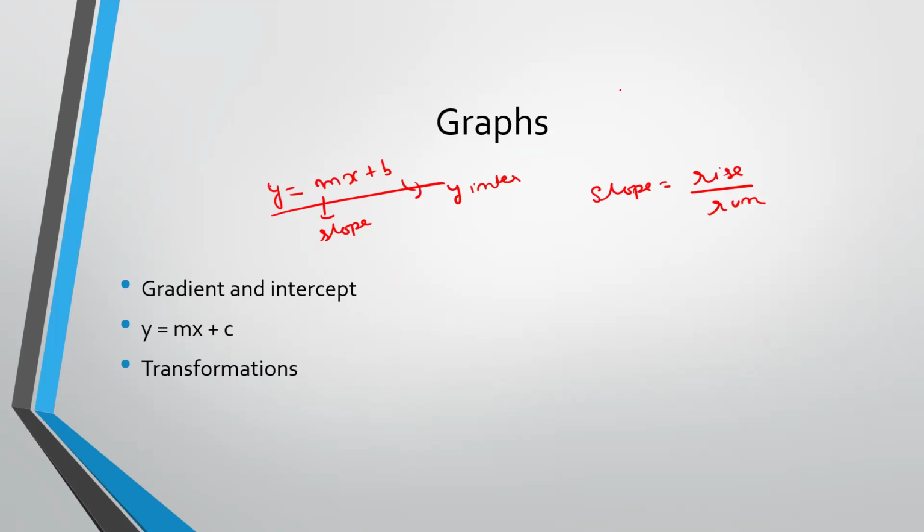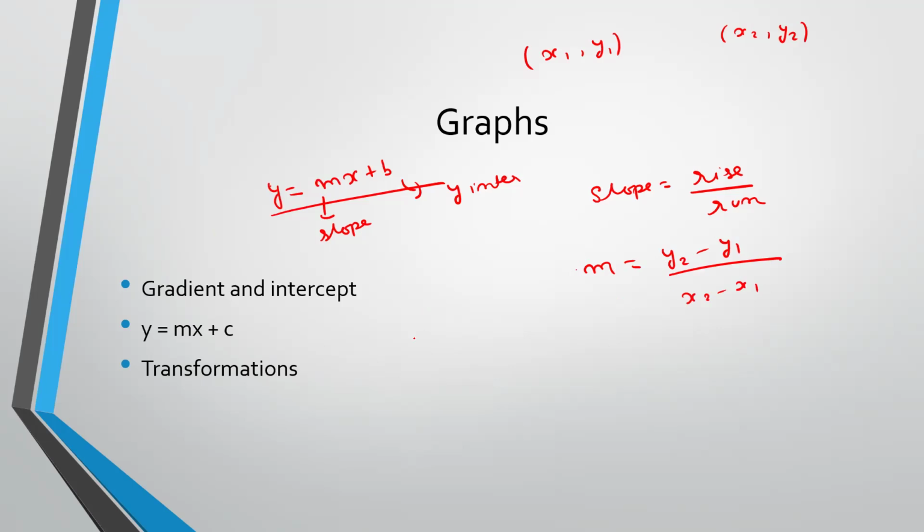Or, when you have two coordinates, let's suppose (x1, y1) and (x2, y2), and you want to find the slope, let me represent slope by m. That is going to be y2 minus y1, that is rise, the vertical distance, okay? And run is going to be x2 minus x1. So the formula for slope, when you have the coordinates given, is (y2 - y1) / (x2 - x1). So I hope it is very clear.